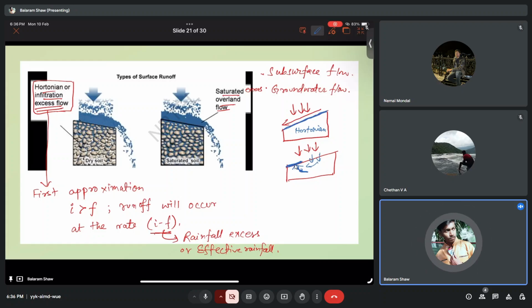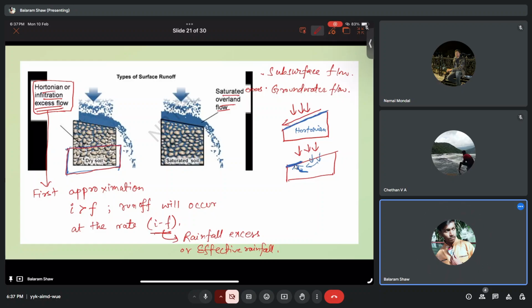So here also in the picture you can see, in here all the soil is saturated. That's why you can see the whole part is blue. But in case of here you can see there is some space here, right? We have some voids left where water can be. So this is not fully saturated.